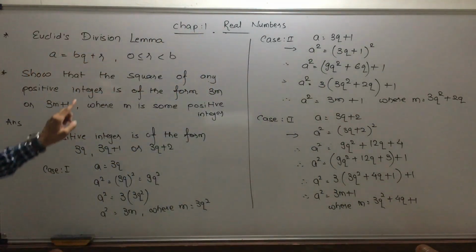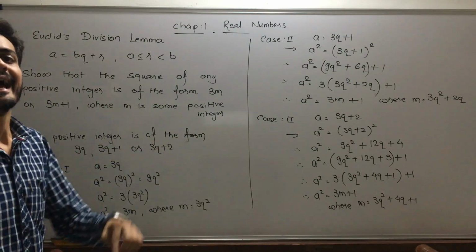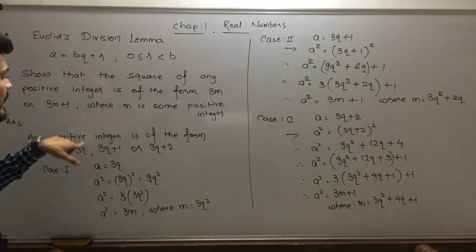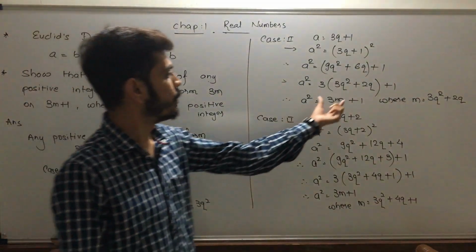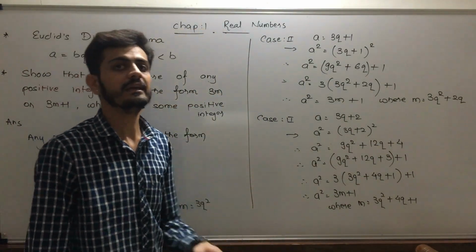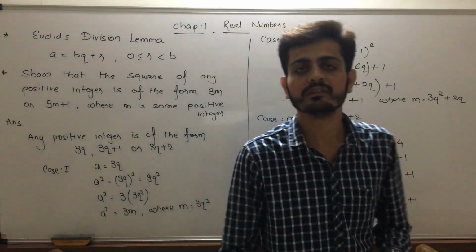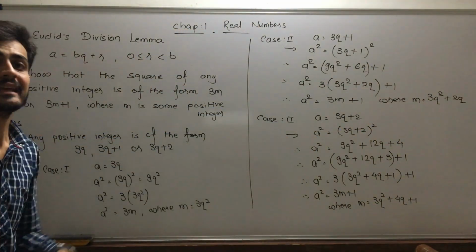So any positive integer which is 3q, 3q plus 1, 3q plus 2, the square of any positive integer is of the form 3m or 3m plus 1. So you will write here the answer: square of any positive integer is of the form 3m or 3m plus 1.